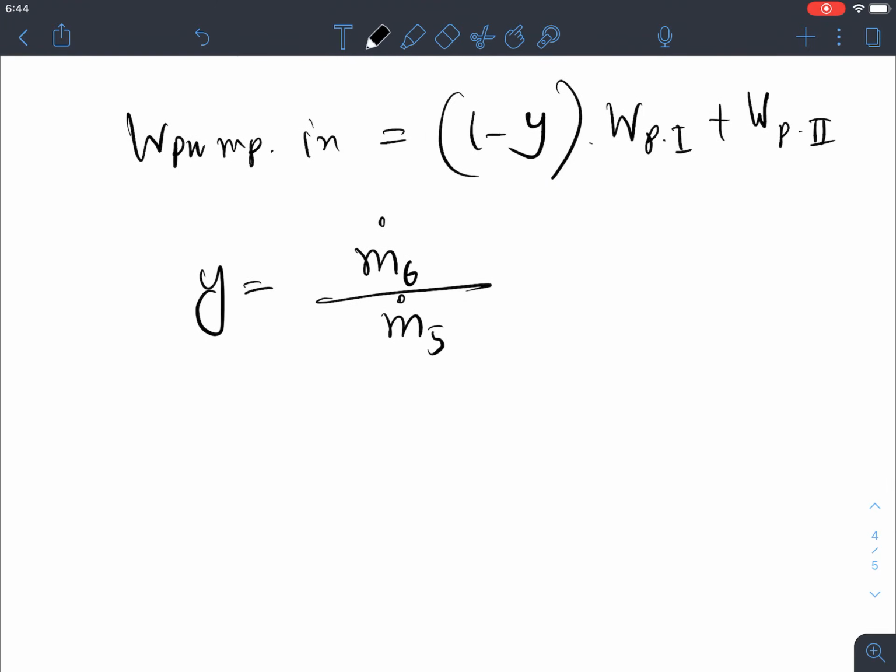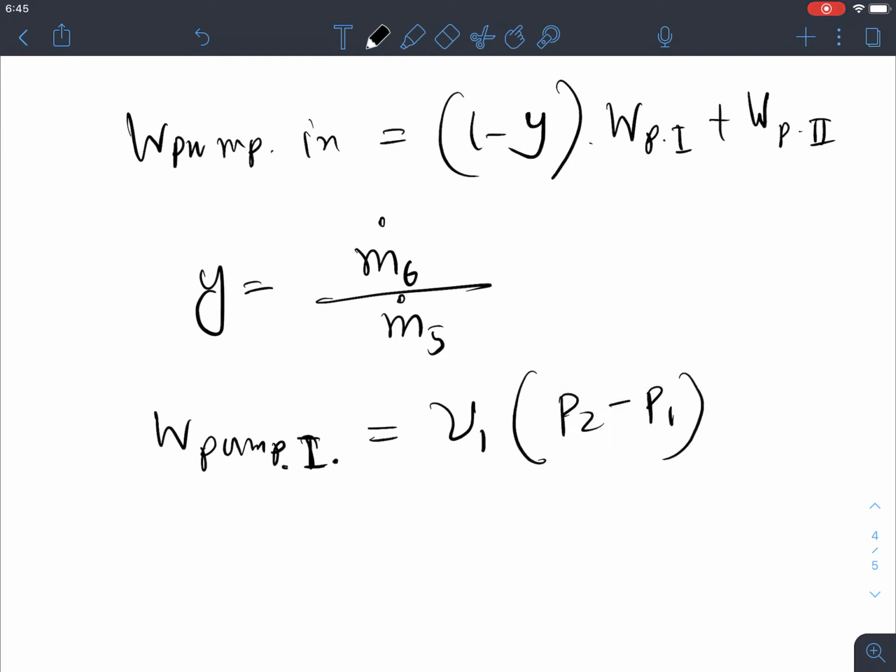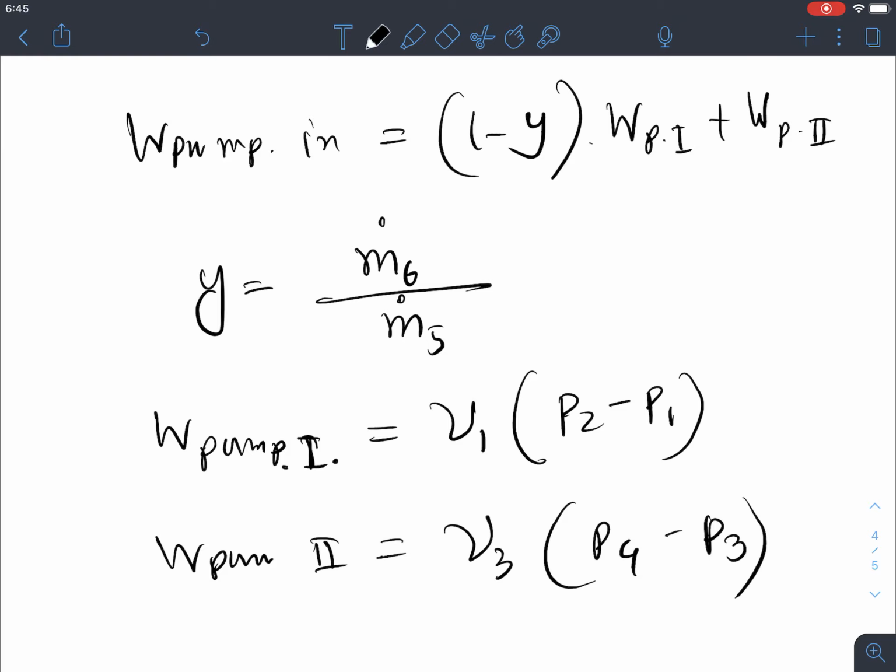Now we know the pump is a steady flow device, and the expression for the pump is basically about changing the pressure. So W pump 1 would be specific volume times P2 minus P1, and W pump 2 would be V3 times P4 minus P3, right?